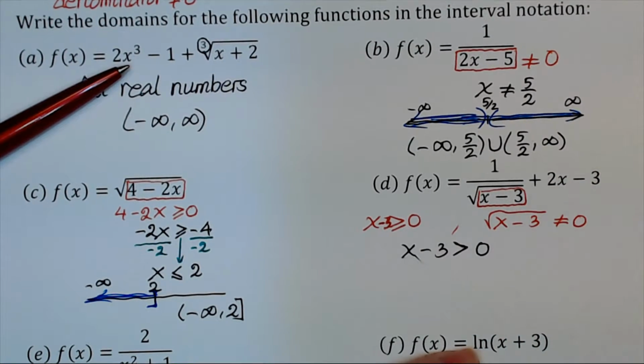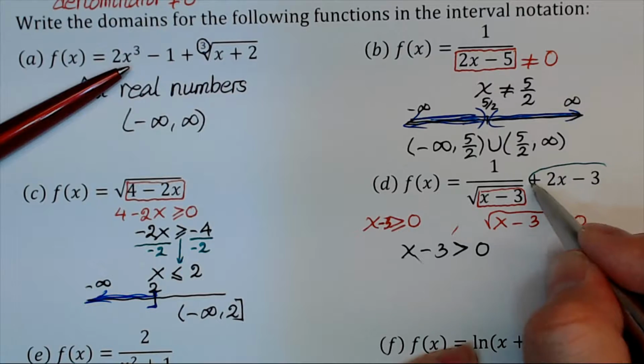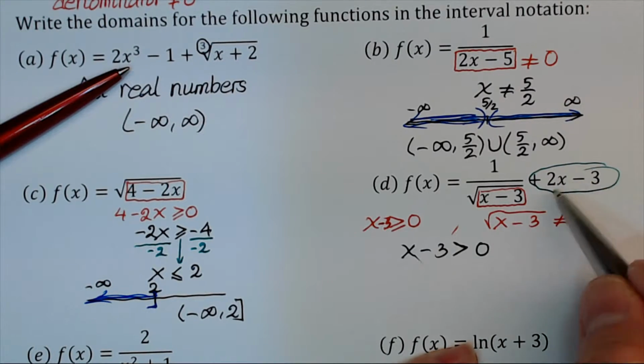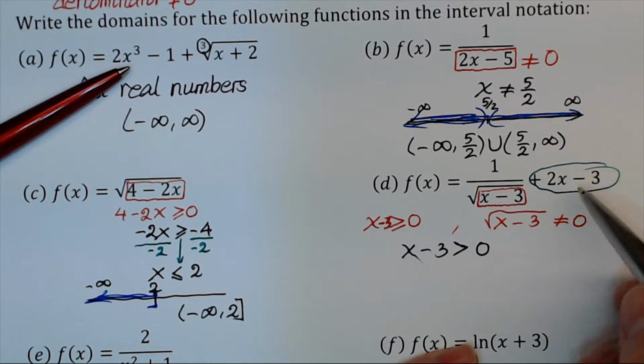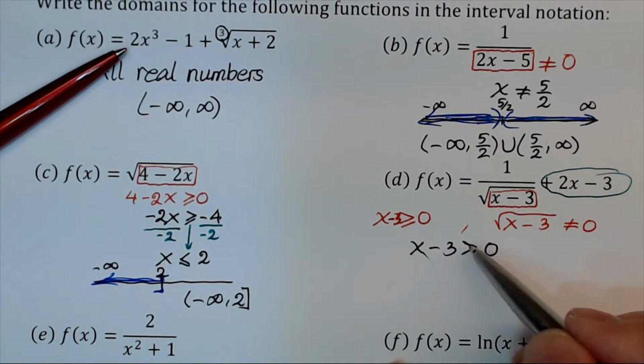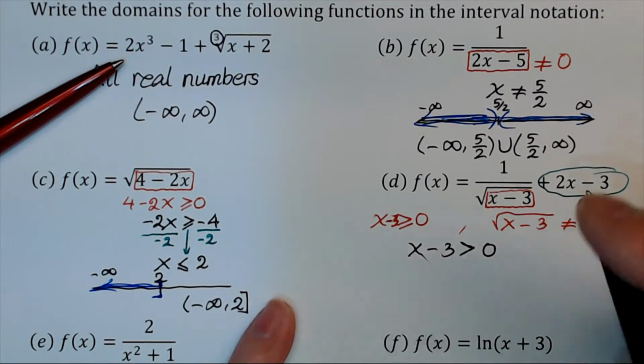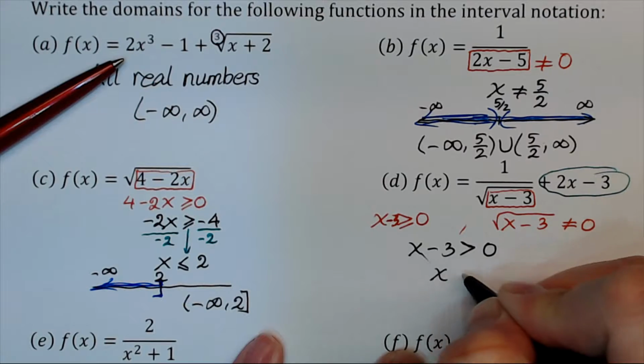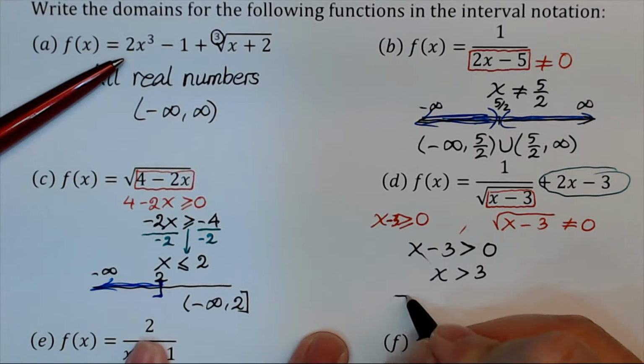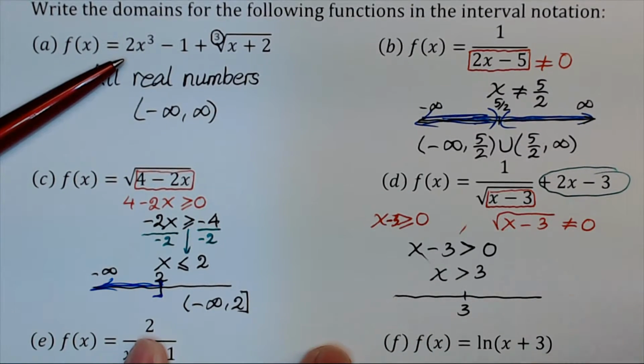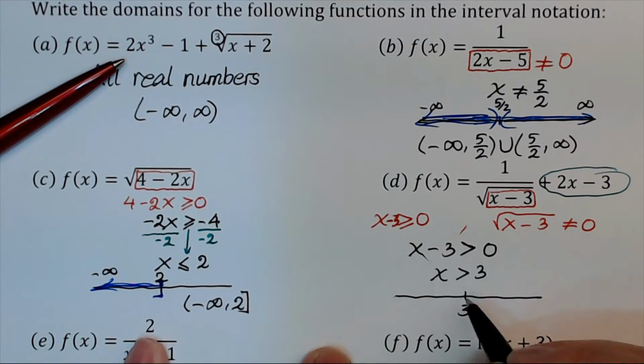By the way, this is a polynomial function, so the domain of this is all real numbers. Not going to worry about that. This is all we have here. Plus 3 on both sides, we have x greater than 3, and that's pretty much it. So it's going to be on the right side of 3.